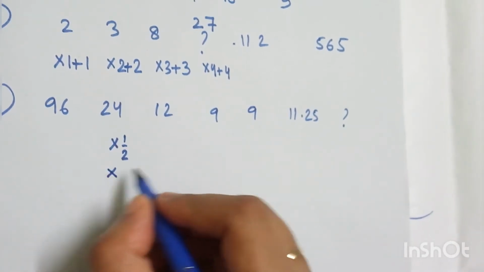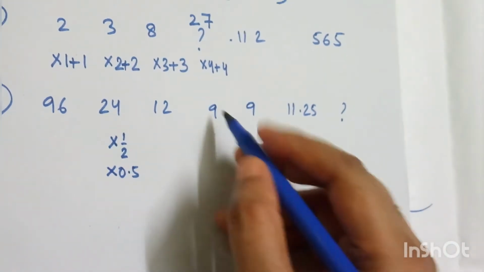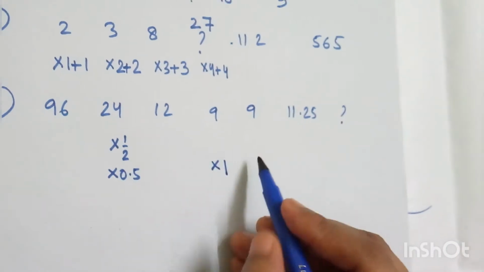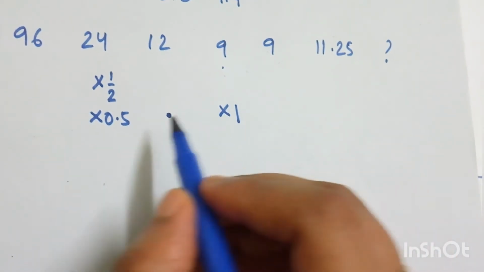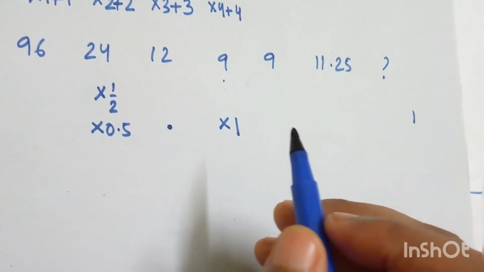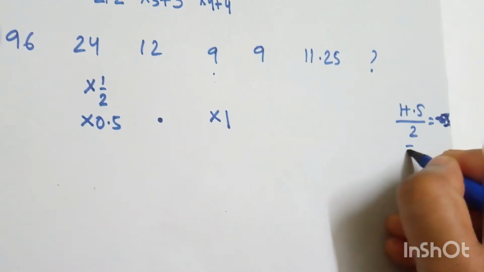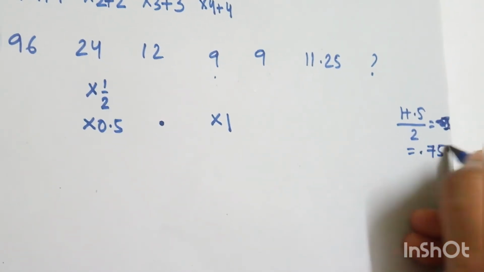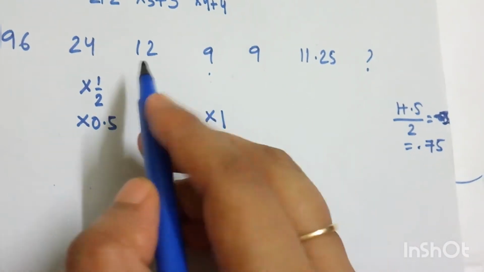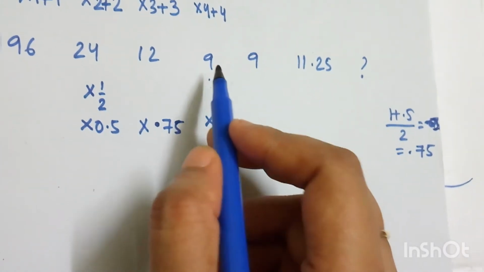We can write this half like 0.5 and here we get this 1. If we want to find the exact middle number between these 1 and 0.5, what you will do, 1 plus 0.5 by 2, we will get 0.75. So multiply 12 with 0.75, you will get 9.